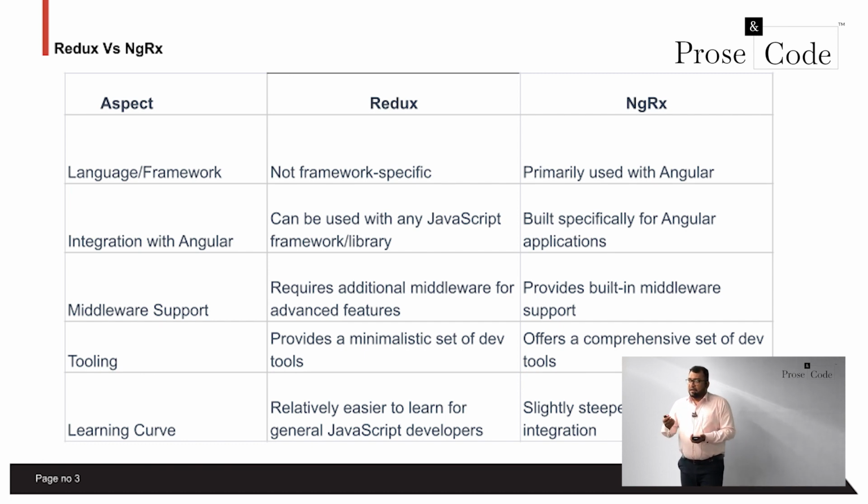Learning curve-wise, Redux is a basic core library where we can do any kind of activities, whereas in Angular it is already predefined. We have to follow the lifecycle elements, and apart from this we cannot do other activities.